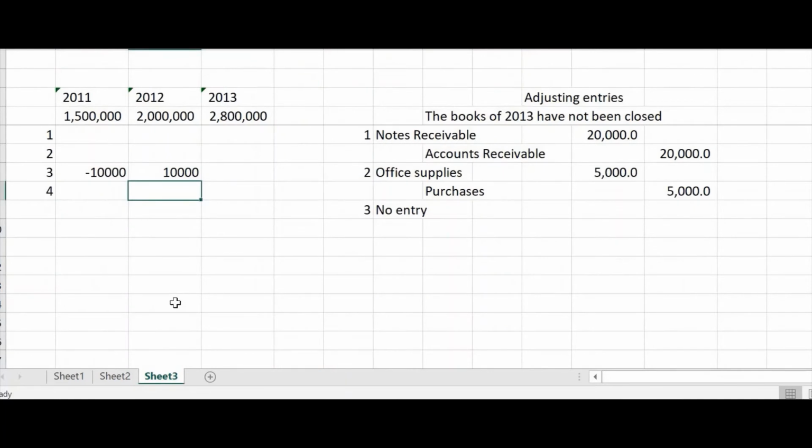So, understated yung net income for 2012, and then it will lead to overstatement of your net income in 2013. Okay? So, since books of 2013 have not been closed, i-adjust mo lang yung error sa 2012. Okay? So, since understated, ang gawin mo, you'll debit inventory, January 1, then credit retained earnings.